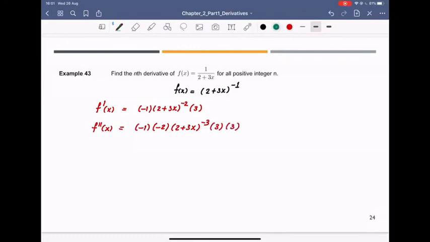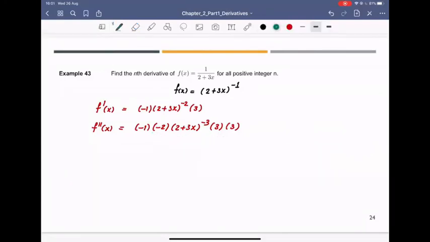The parenthesis in green now is obtained by differentiating (2 plus 3x) raised to the negative 2. I differentiate that, so I get negative 2 times (2 plus 3x) raised to the negative 3 times 3. All right, and then I keep going.